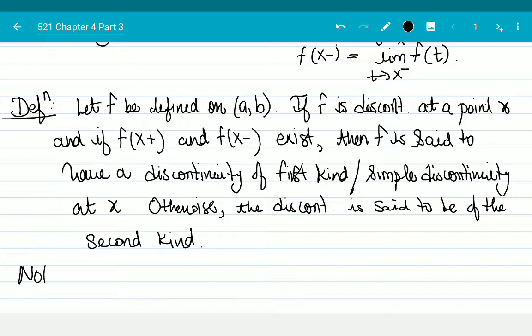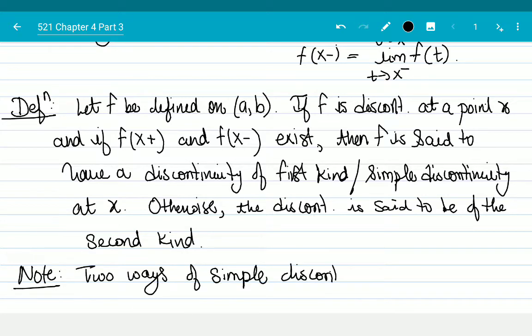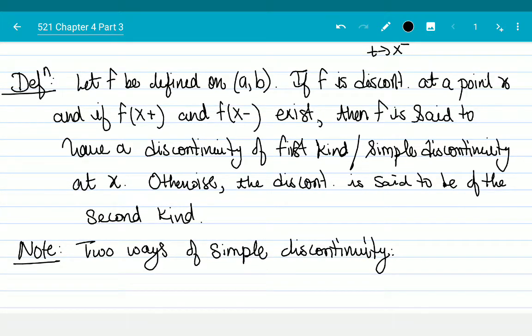One, f of x plus is not equal to f of x minus.